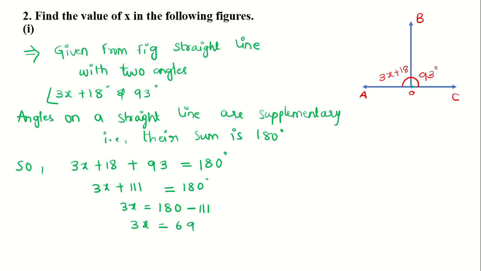It will be 69. X equals 69 by 3. Now, 3 ones are 3, 3 twos are 6, 3 threes are 9. x is 23 degrees. Okay. So, from the figure, we were required to find the value of x and we got x as 23 degrees.